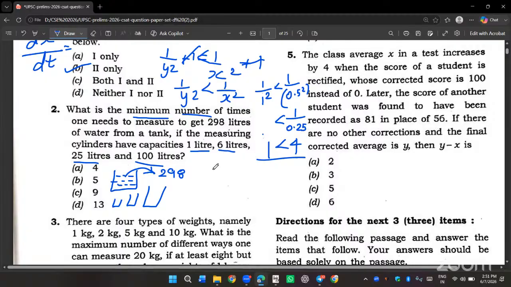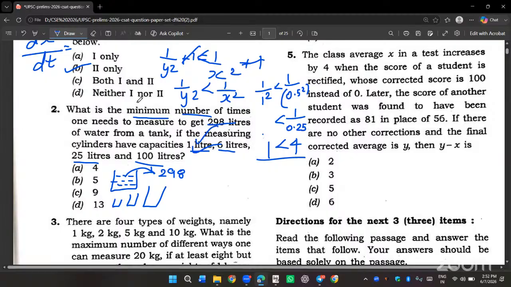So we are trying. Here one may try with the 1 liter cylinder. For 298 liters, they have to pour the water 298 times, each time 1 liter. So 298 times is the maximum number of times.